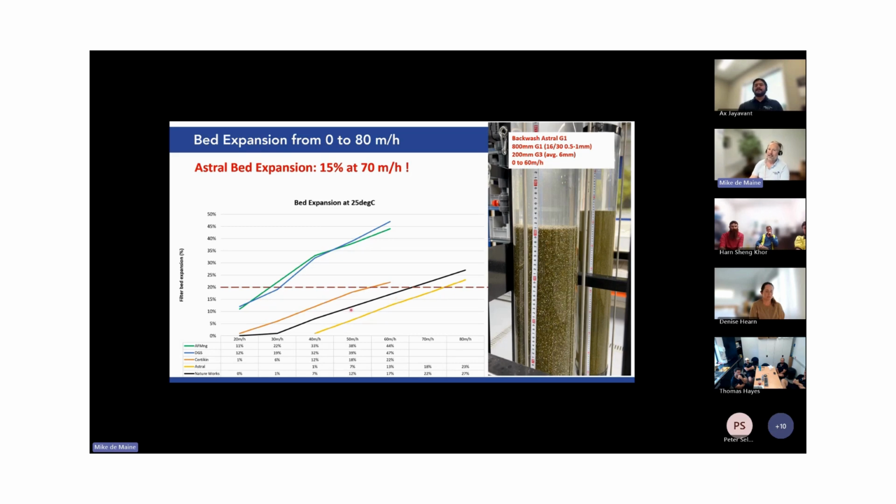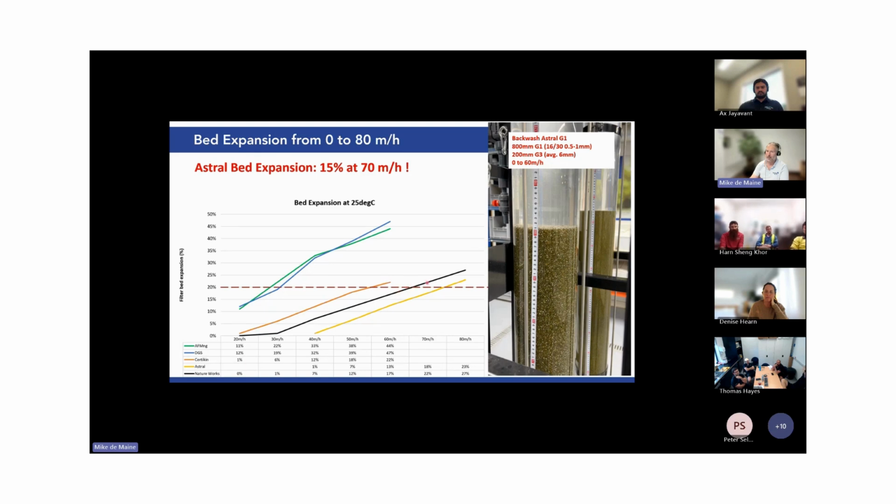So here you can see the green line is our AFM NG. You can see we achieved 20% bed expansion at around 28 meters per hour. Then another of our cheaper glass products, which is not activated in any way, is at around 30 meters per hour. Then you can see Certicon, this is a glass media as well.